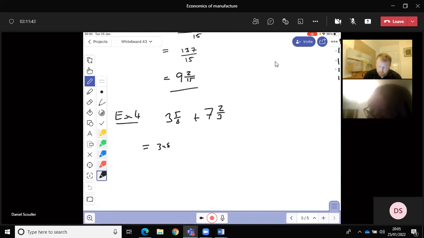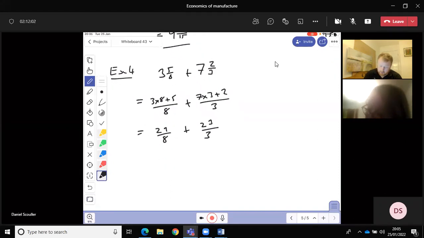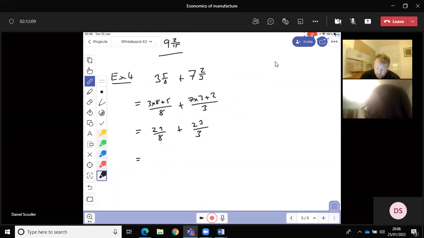So 3 times 8 plus 5. 7 times 3 plus 2. 3 times 8 is 24, plus 5 is 29. 21 plus 2 is 23. Horrible multiplications. Okay, but we'll quickly do them to one side.